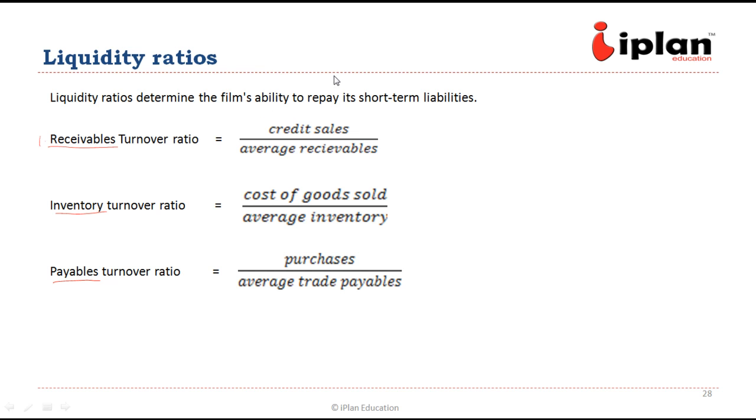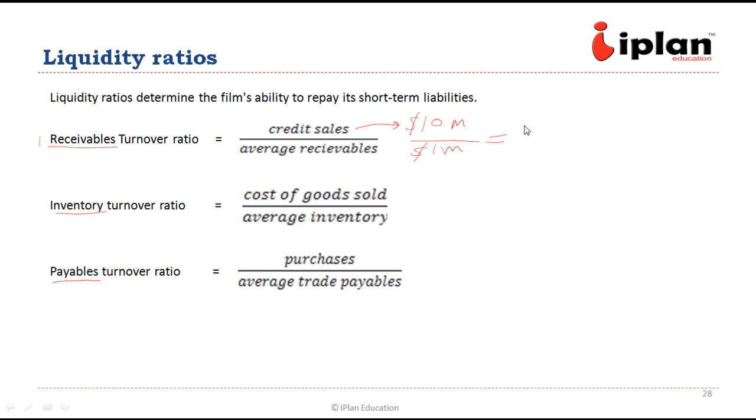For example, for a company, suppose the credit sales in 1 year were $10 million and average receivables are, at any point in time in the year, on an average $1 million. So at any point $1 million is to be received on our sales.